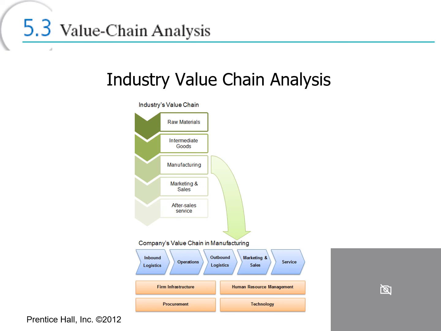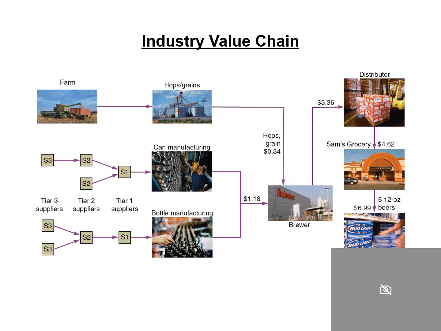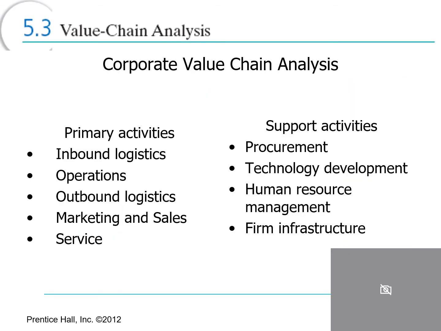The industry value chain is about those companies that bind together to produce a final finished good for the customers. But when you look at the company value chain, it means that you focus on a particular company. So here is an example of the value chain of the beer industry. You remember this? We discussed it in class already.